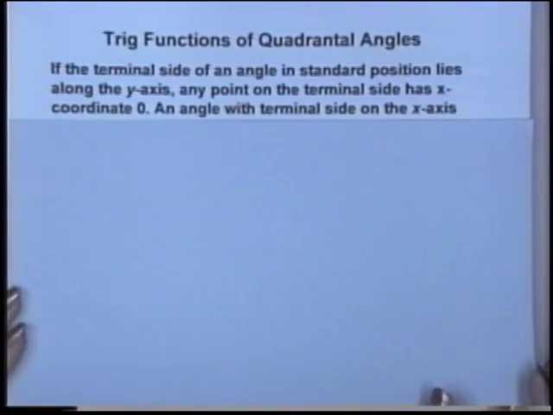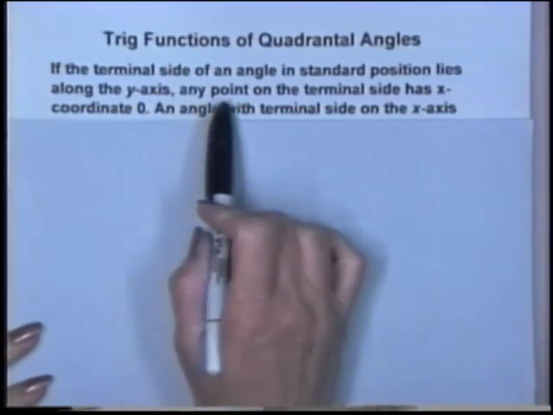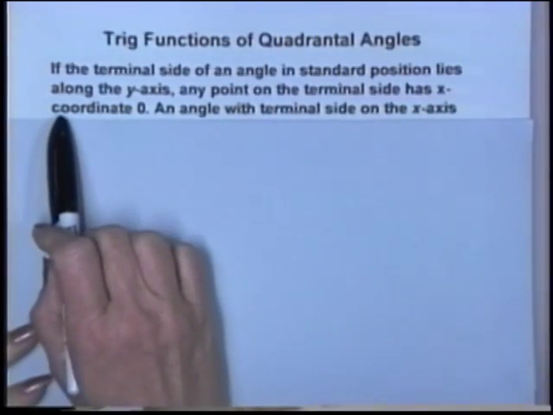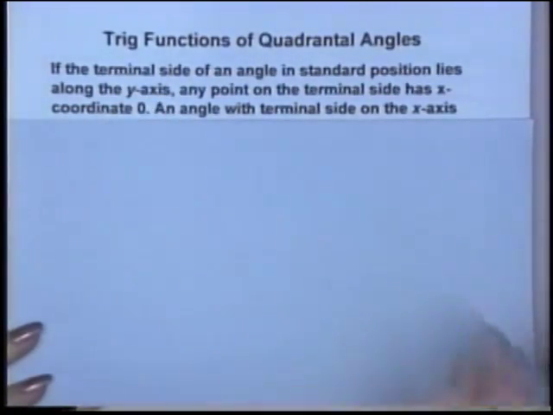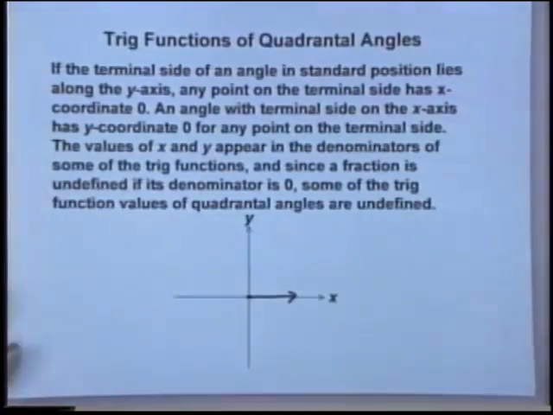If the terminal side of an angle in standard position lies along the y-axis, any point on the terminal side has an x-coordinate of 0, and that's because all points on the y-axis have an x-coordinate of 0.